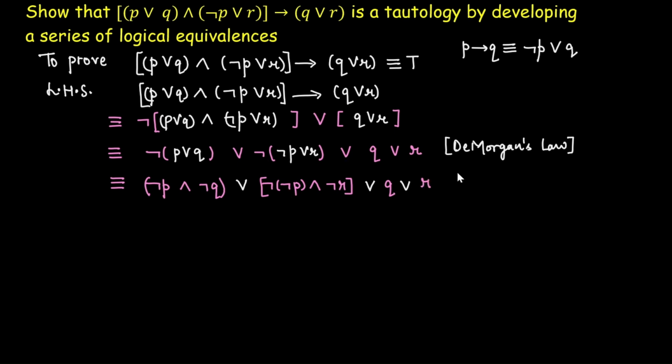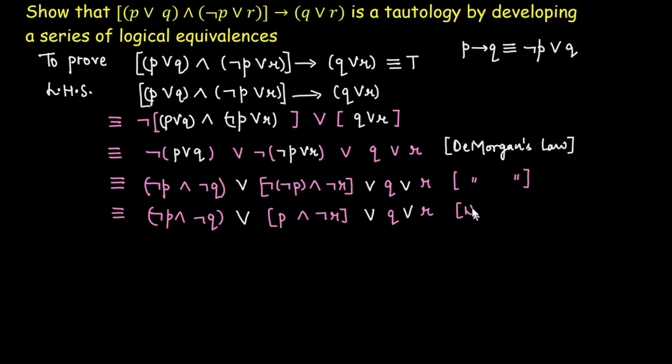Again we have used De Morgan's law. In the next case, we can simplify this. Negation of negation P is P and the rest of the proposition is as it is. And here we have used double negation law.